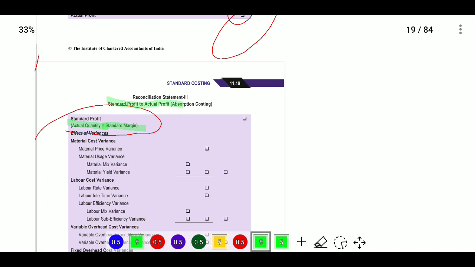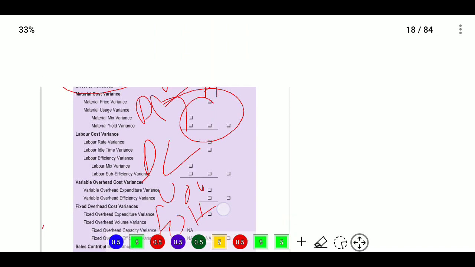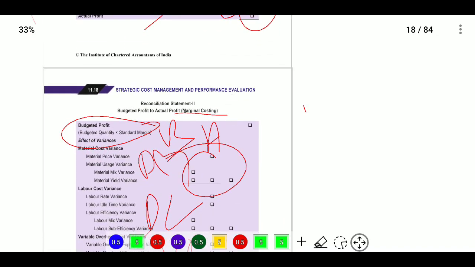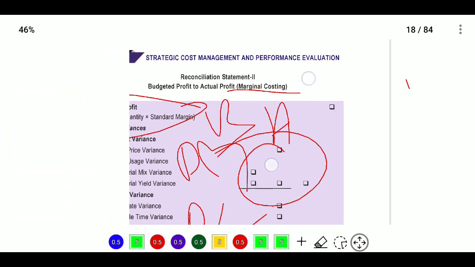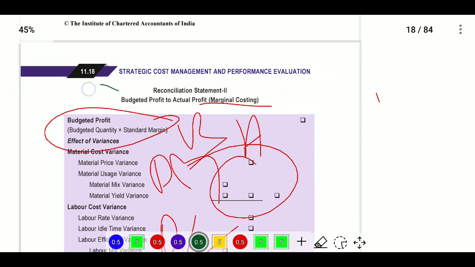When you are at actual profit, we take the actual quantity; when comparing with budgeted profit, we take the budgeted quantity.